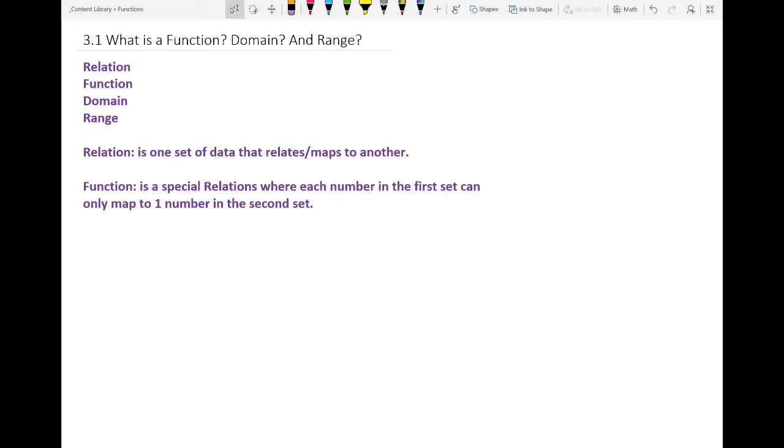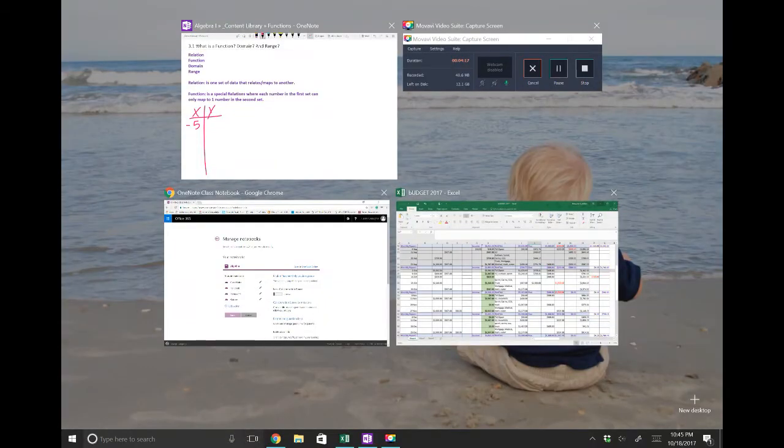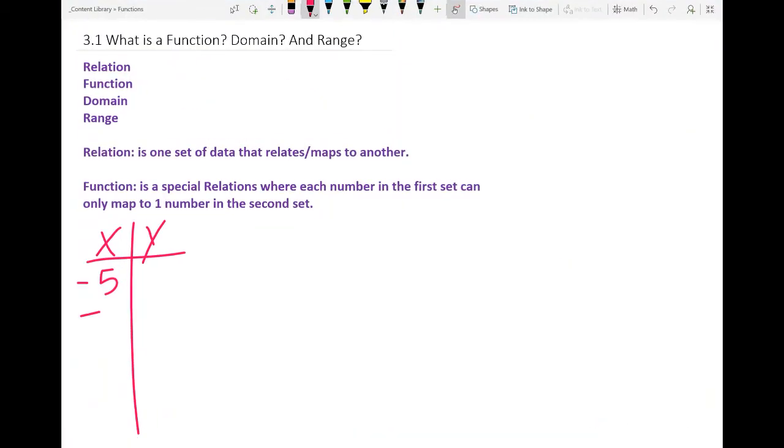So I'm just going to list some random numbers here. No pattern to these at all. I don't know. -5, -2, 0, 3, and 7, 1, -5, 6.